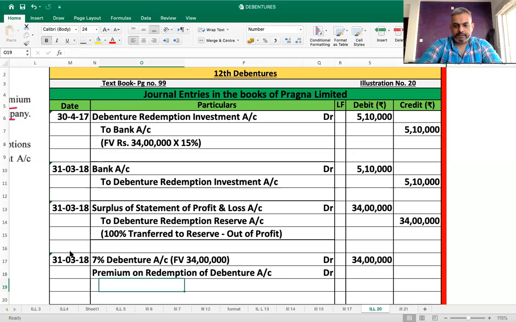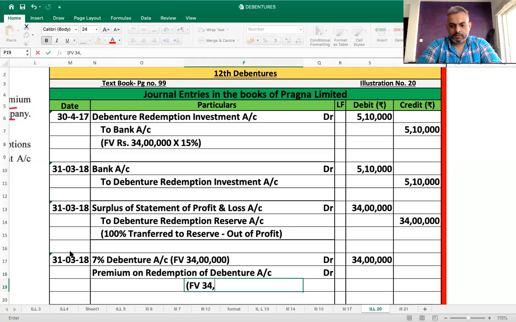I'll write in bracket face value 34 lakh into 8%.